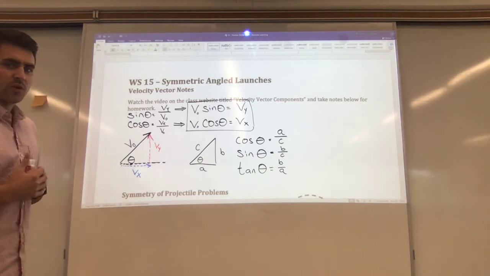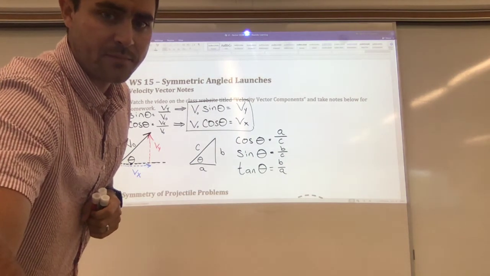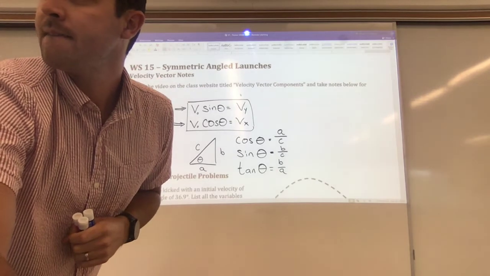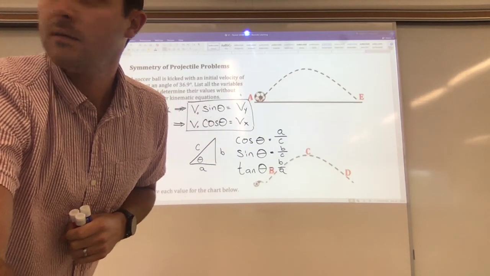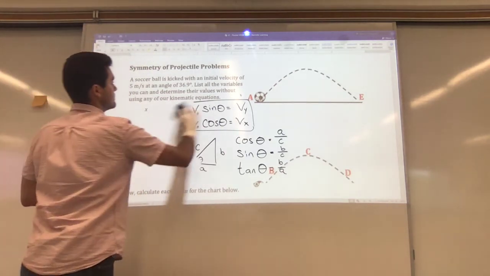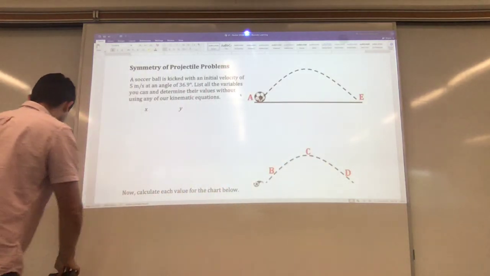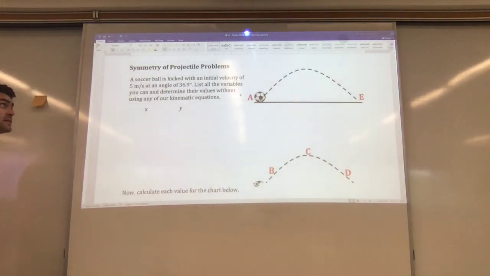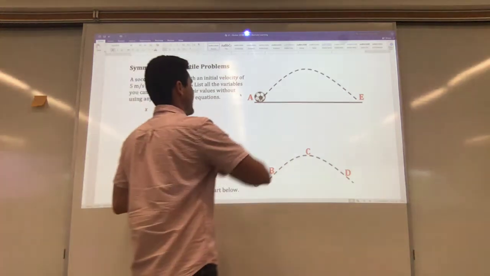I want to go ahead and work through an example problem with you here on the bottom. Let's do that. I already have a model drawn for me here. It says a soccer ball is kicked with an initial velocity of 5 meters per second at an angle of 36.9 degrees.